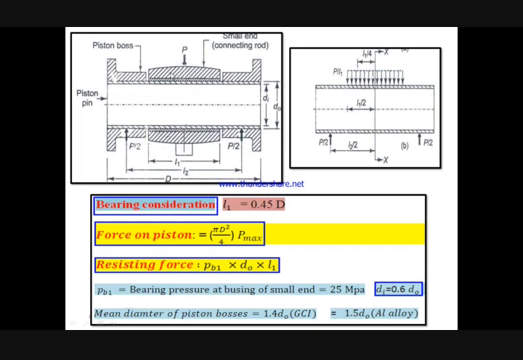This is the connecting rod section from here to here. The length common between the connecting rod and pin is denoted by L1. The total length of the piston pin will be equal to the bore diameter, capital D. By bearing considerations, L1 is equal to 0.45 D, where L1 is the length of the connecting rod that is covered by the piston pin.